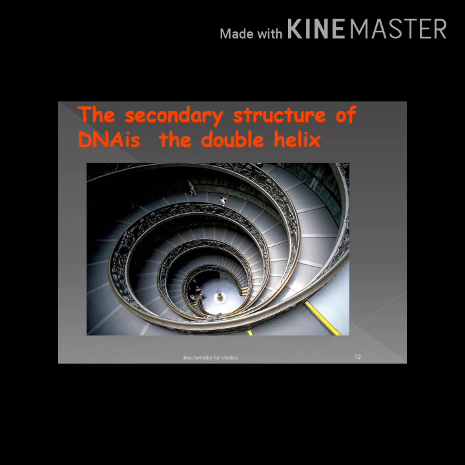Now the secondary structure of DNA is the double helical structure, which is the functional form of DNA. Here with this diagram you can imagine how one strand of DNA is aligned with another strand in a helical form, where each strand is stabilized to the other with hydrogen bonds that we will discuss in the next slide.